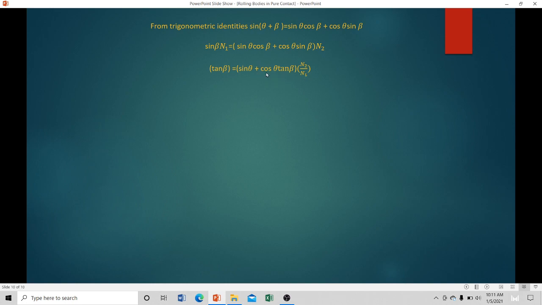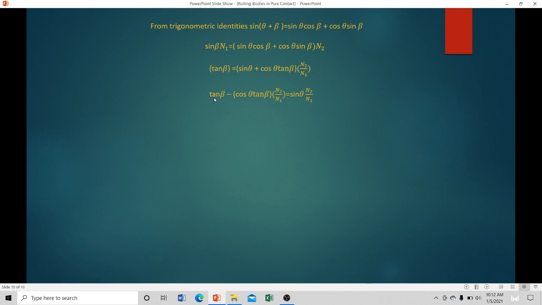If we move this to the other side, we have tan beta minus cosine theta tan beta times n2 over n1 is equal to sine theta n2 over n1.